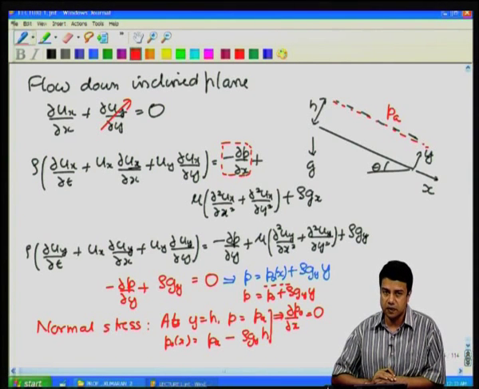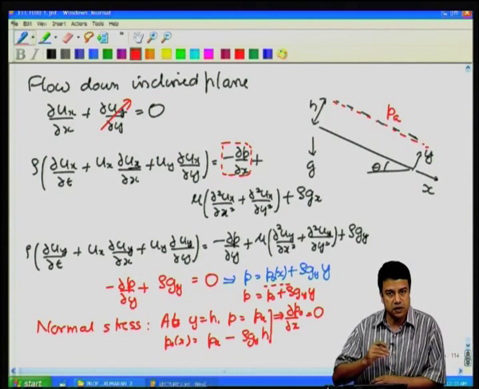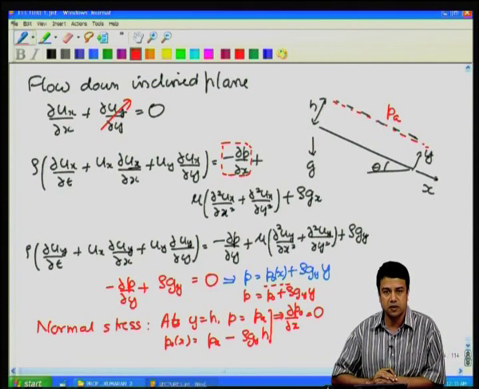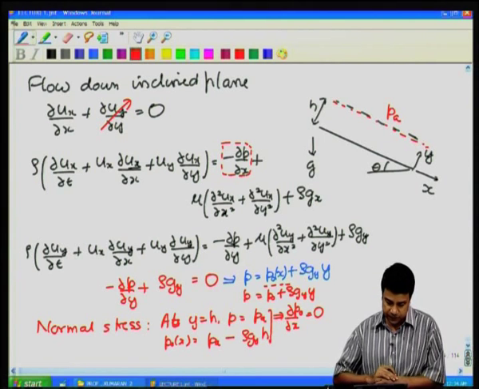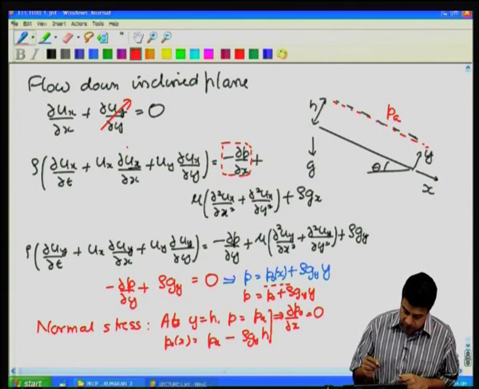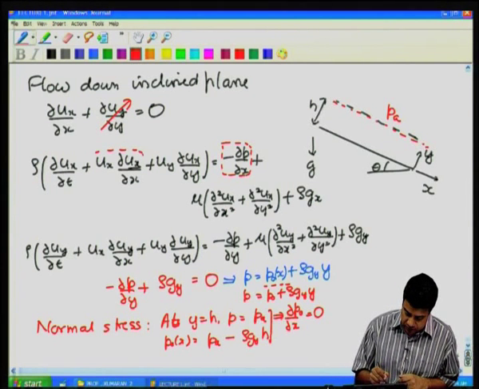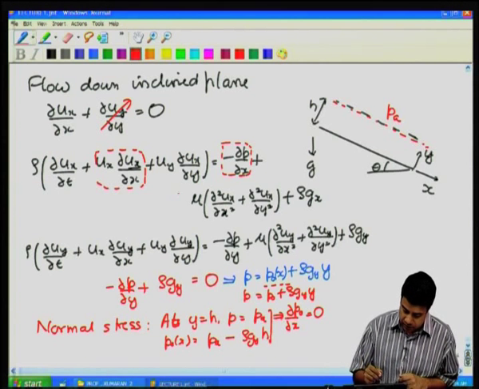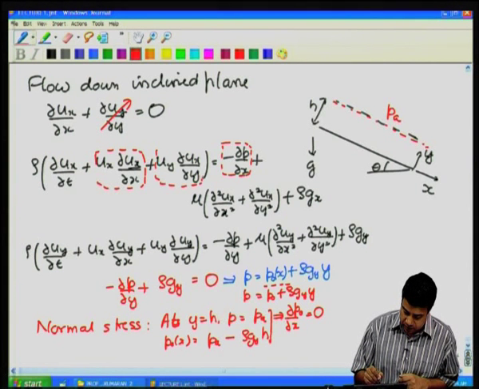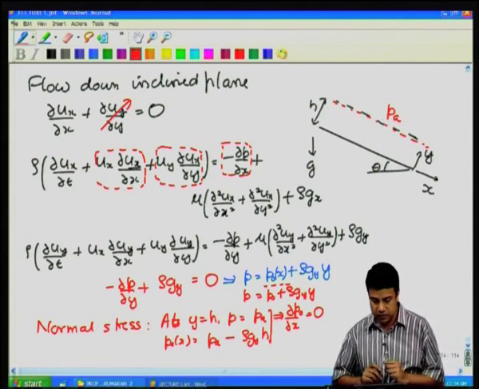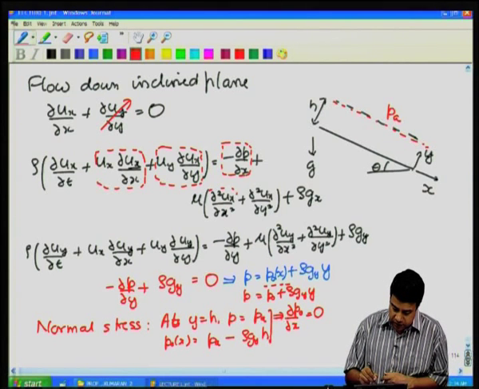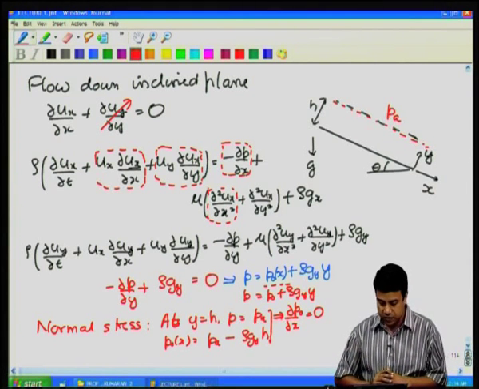Of course, for a unidirectional flow, there are terms in this x momentum conservation equation which will all go to 0. For example, because u x is independent of x, this term is going to go to 0. Because u y is equal to 0, this term is equal to 0, and this second derivative is also going to be equal to 0.